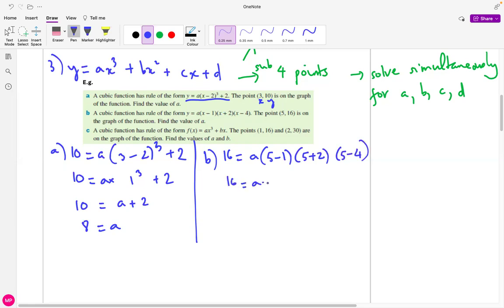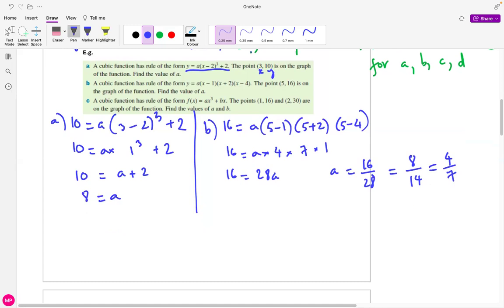So 16 equals a times 4 times 7 times 1. 4 times 7 is 28, so 16 equals 28a. Then I can solve for a: a equals 16 over 28, which is 8 over 14, which is 4 over 7.